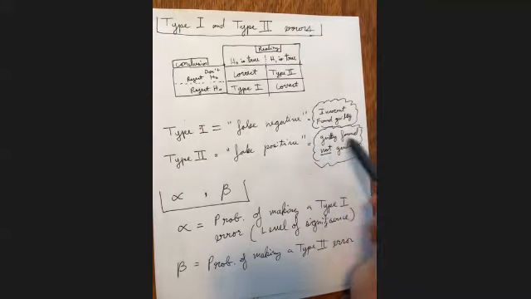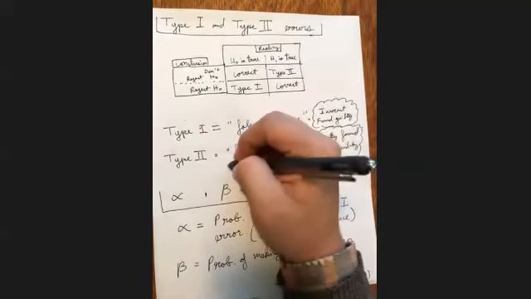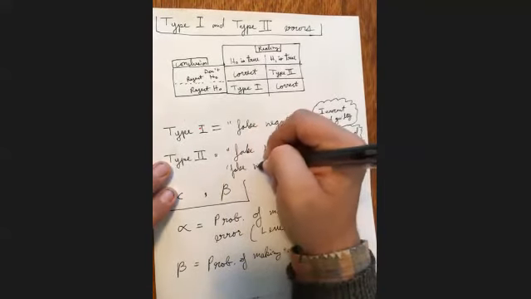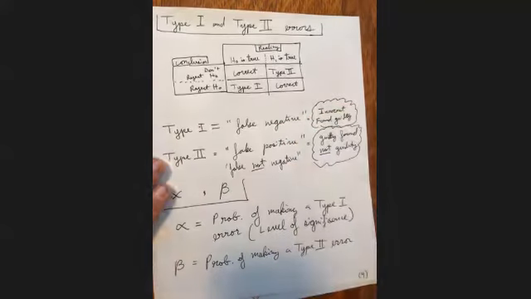So all we can say is you're not guilty according to the evidence, not that you're innocent. So type 2 error is like a false positive, or maybe better said, a false not negative, because we're not saying that you are guilty. We're not saying that you are innocent. We're saying you're not guilty.